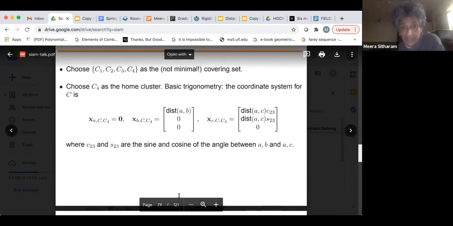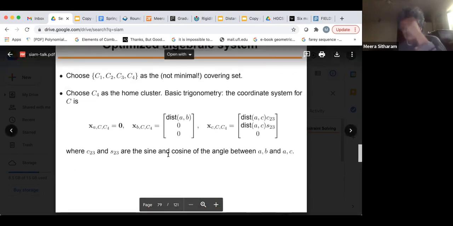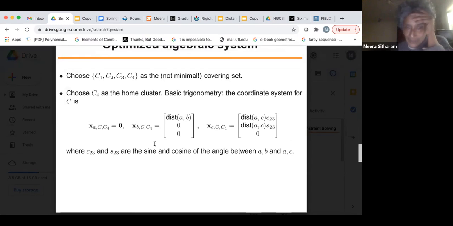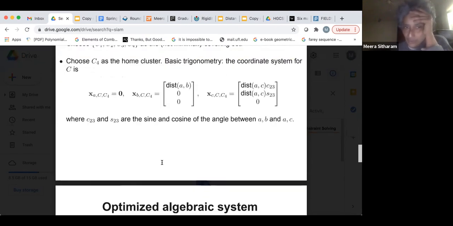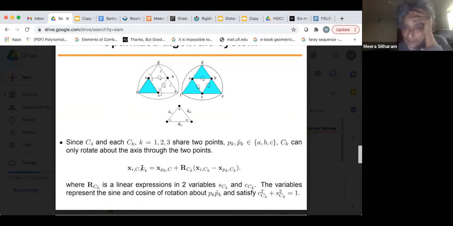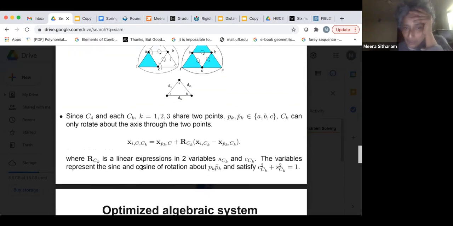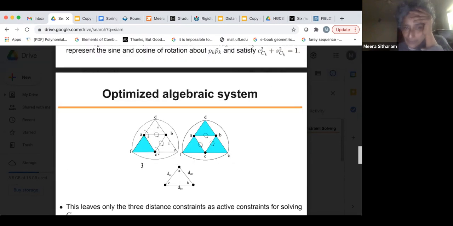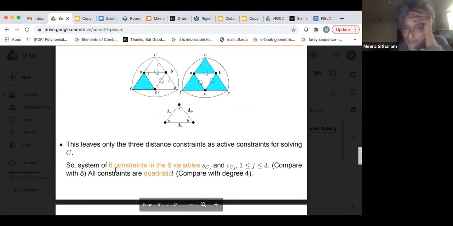So we do that, and then you use basic trigonometry, as I just said, using those 3 rotation variables here. And using that, you basically end up with a much smaller algebraic system with only 6 constraints and 6 variables, all quadratic. In the previous case, the degrees were also high.